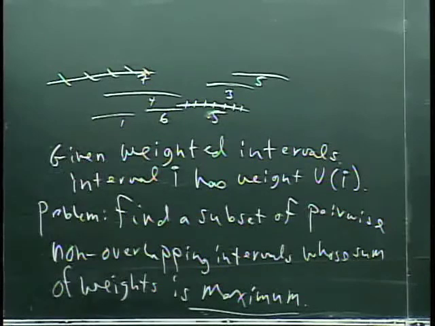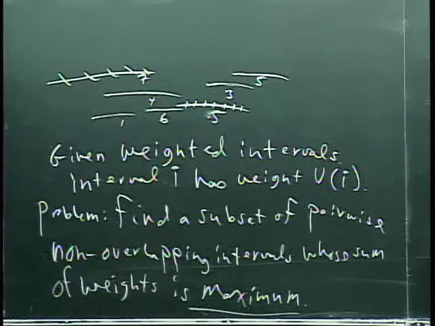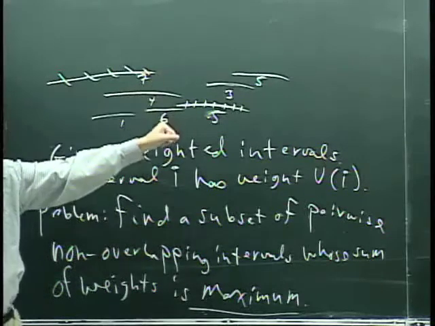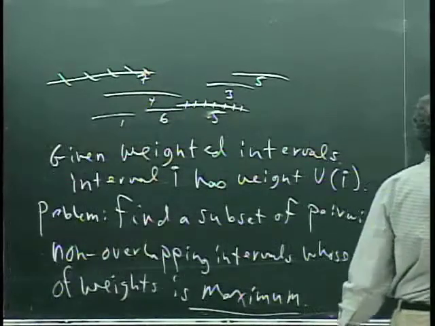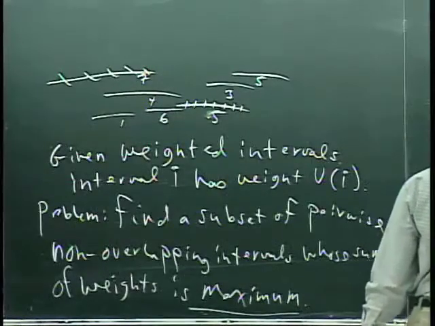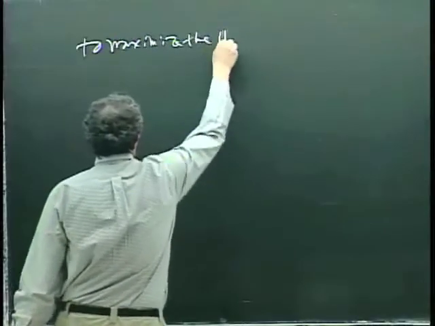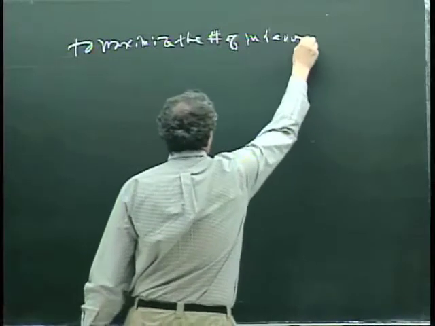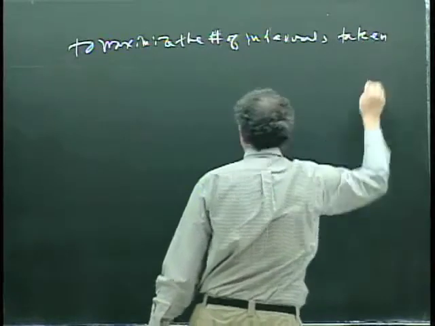And remember before, when we were just trying to maximize the number of intervals that we took, we sorted the intervals according to their end times, right? So to maximize the number of intervals chosen, what did we do?